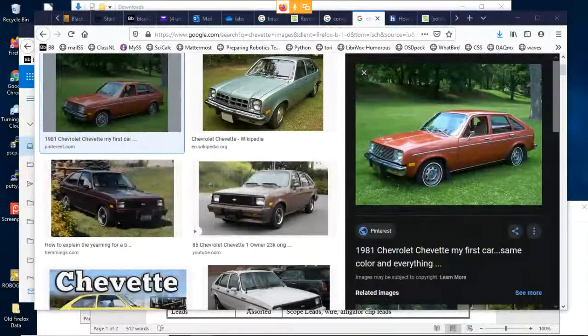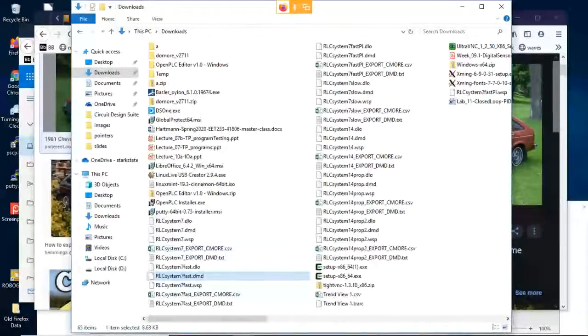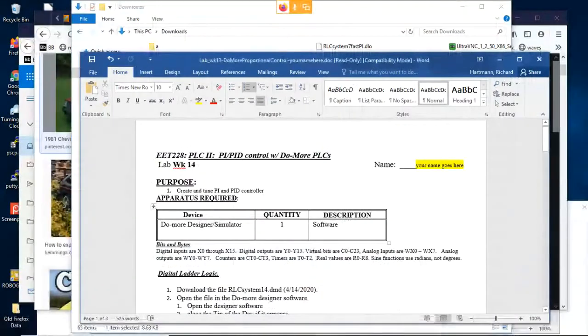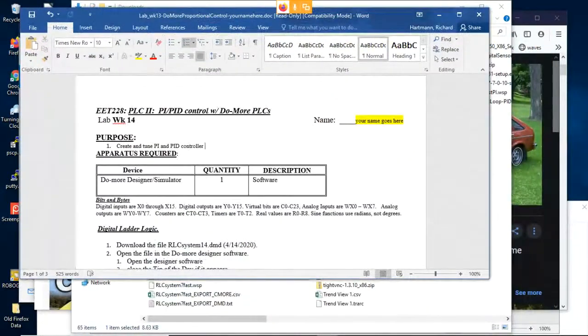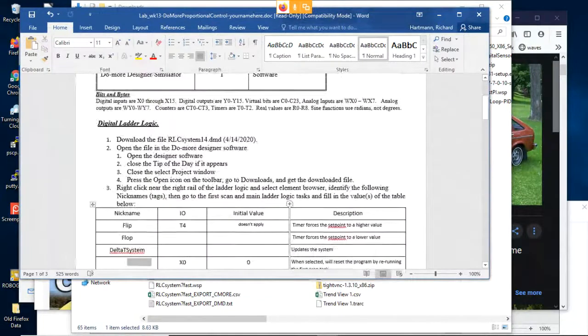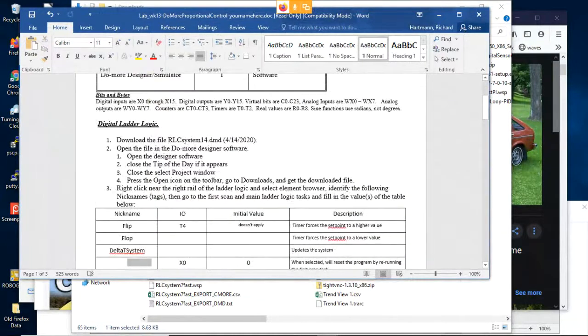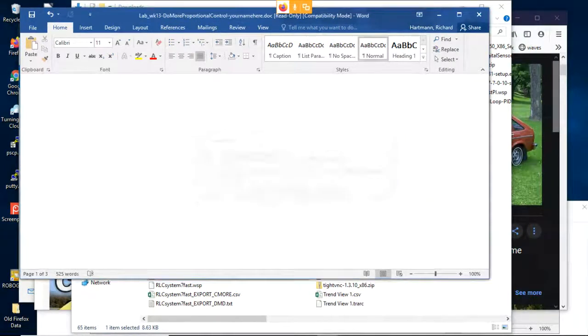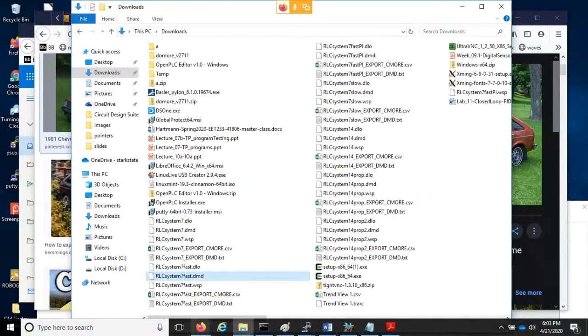All right, so for today's lab, I've got two systems for you. This is last week's lab here.